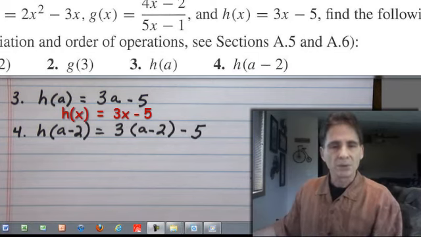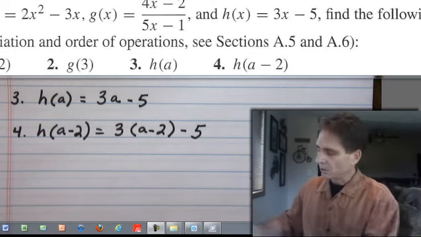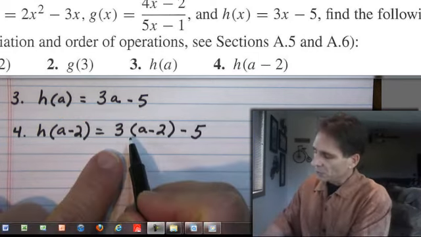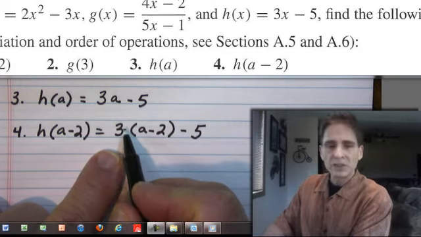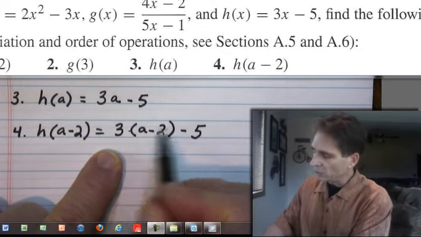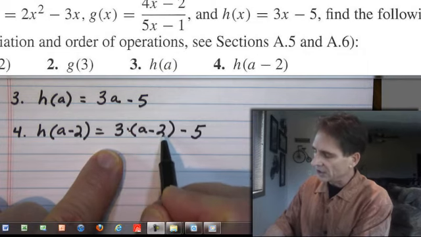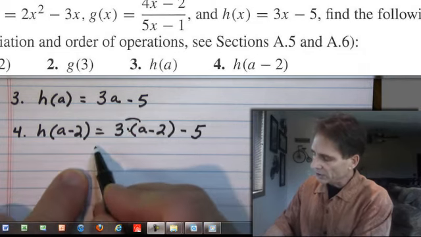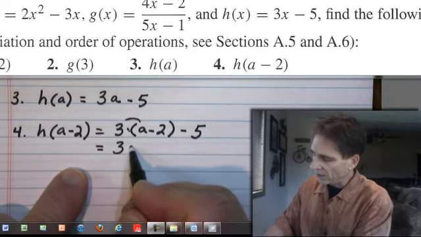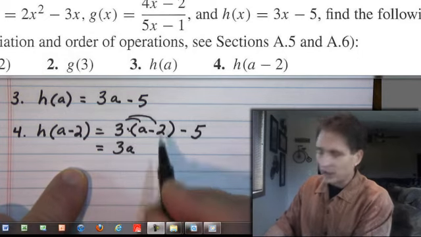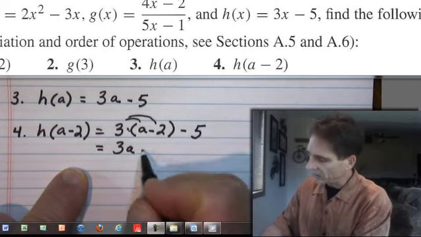Now, we want to simplify, and so we can use the distributive property. The distributive property simply means that because I have 3 times parentheses, I have to multiply the 3 times both the a and the negative 2. So 3 times a is 3a. 3 times negative 2 would be negative 6.